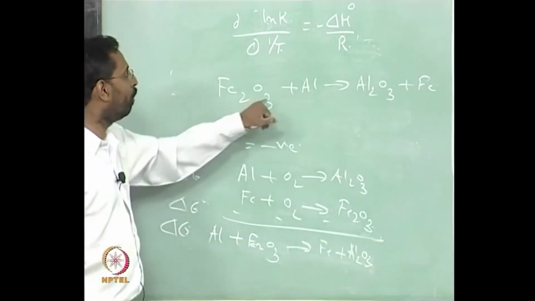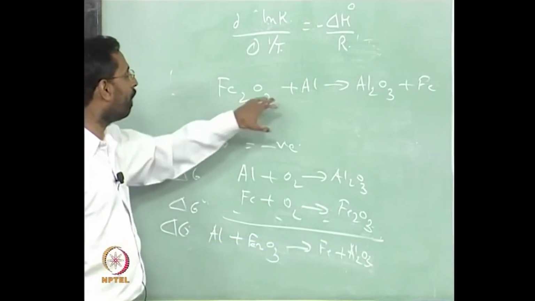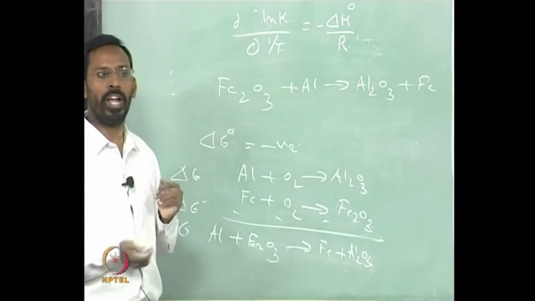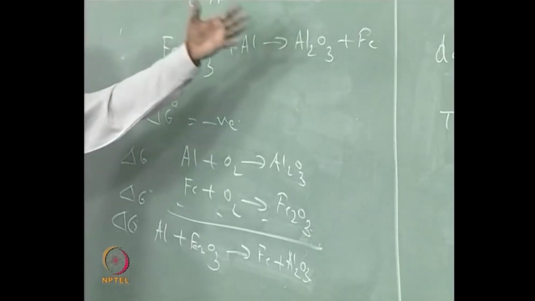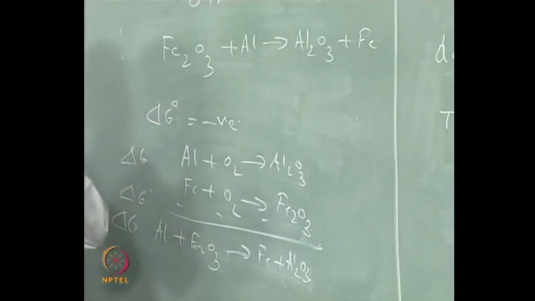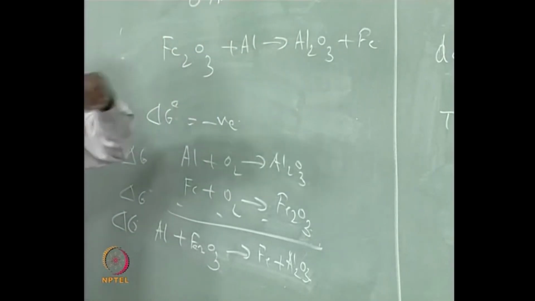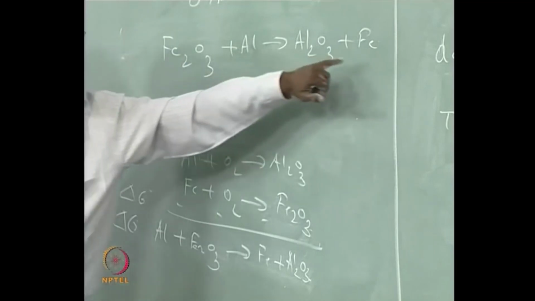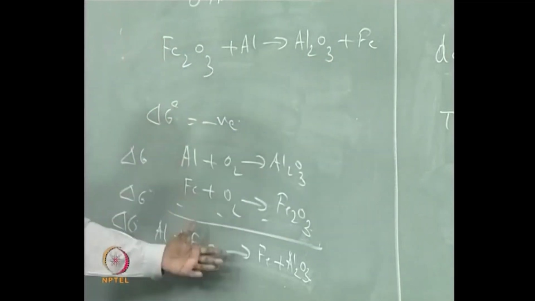Again there you can simply take the reaction of iron plus oxygen and the carbon plus oxygen reaction, add the two reactions, and you will get iron oxide plus carbon monoxide giving carbon dioxide plus iron, or iron oxide plus carbon giving carbon monoxide or carbon dioxide plus iron. So you can add such reactions.